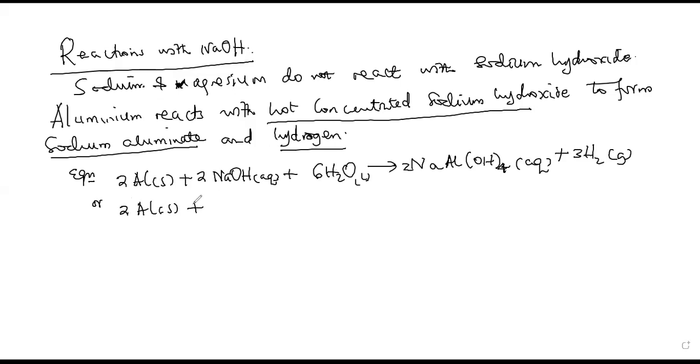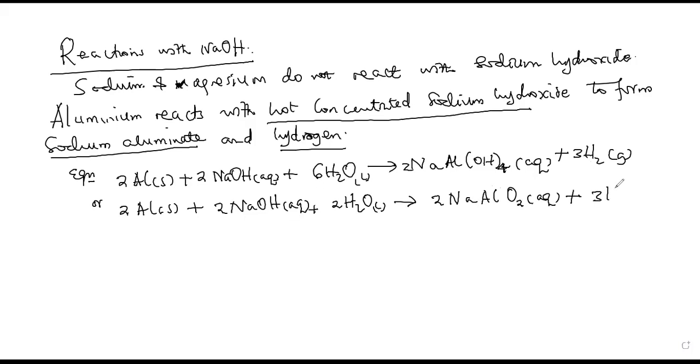Or one can write it as aluminum plus sodium hydroxide plus, when you consider 2 molecules of water, you're going to form still sodium aluminate, but of this form, and hydrogen gas.